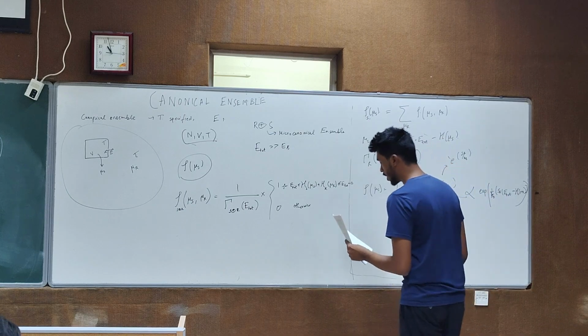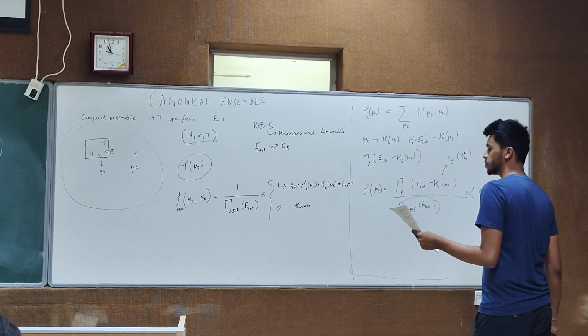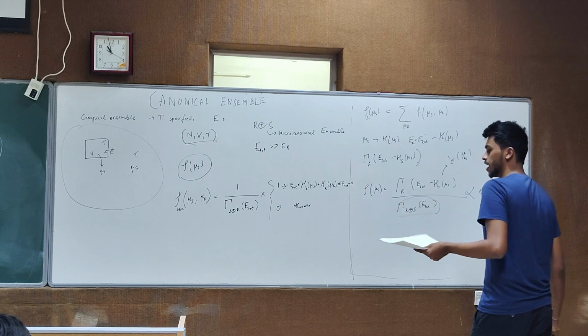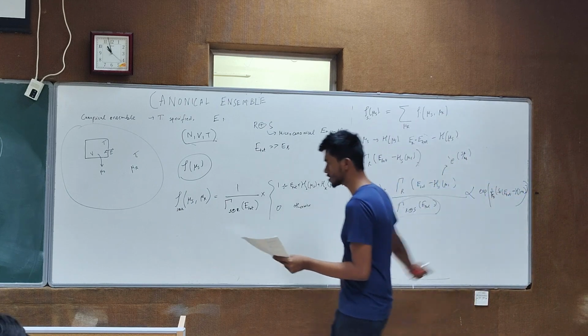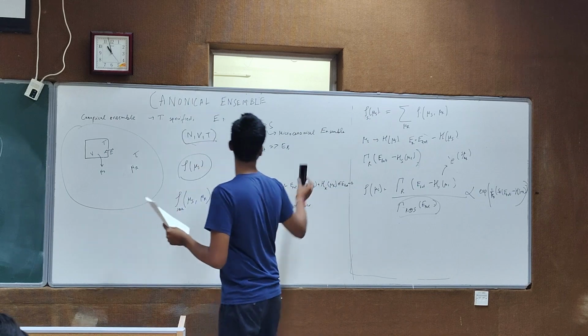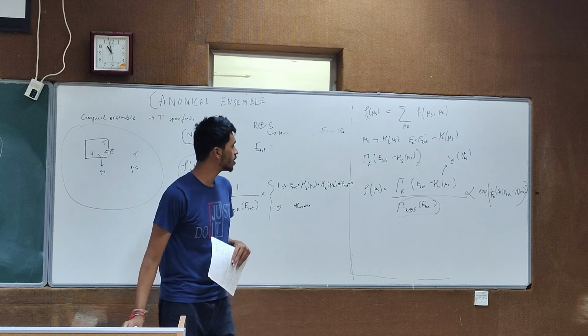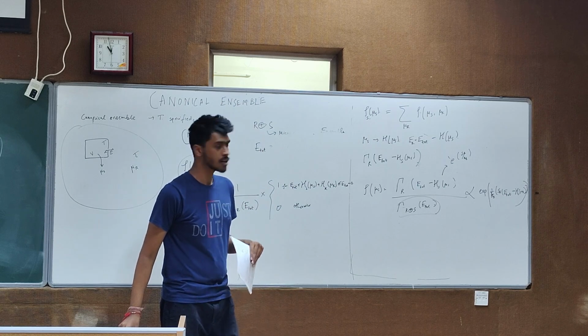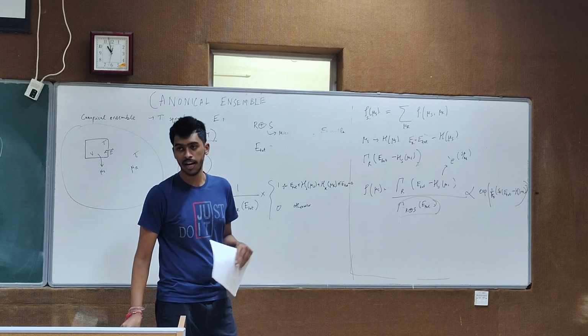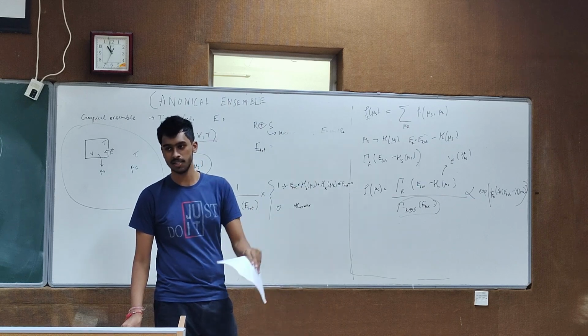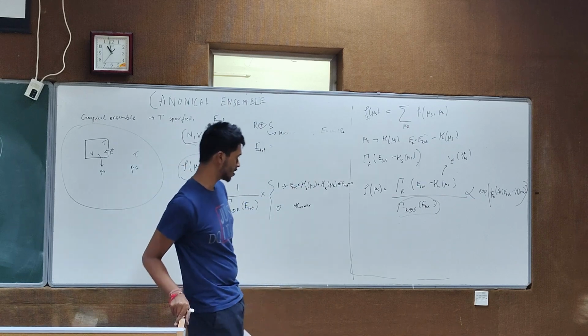Since the energy of the system is very small compared to E total, you can do a Taylor expansion of S. It's e to the power 1 by kB times the entropy of the reservoir at that energy, E total minus H of μs.